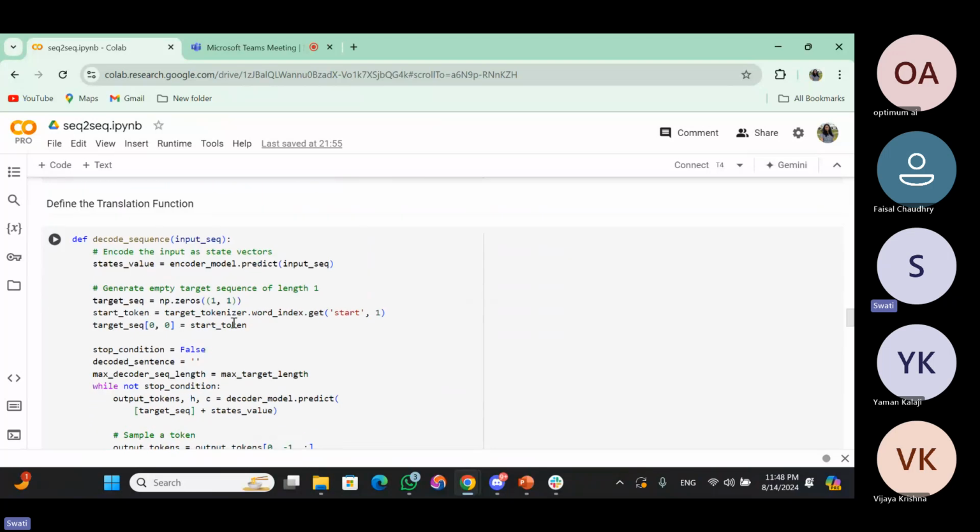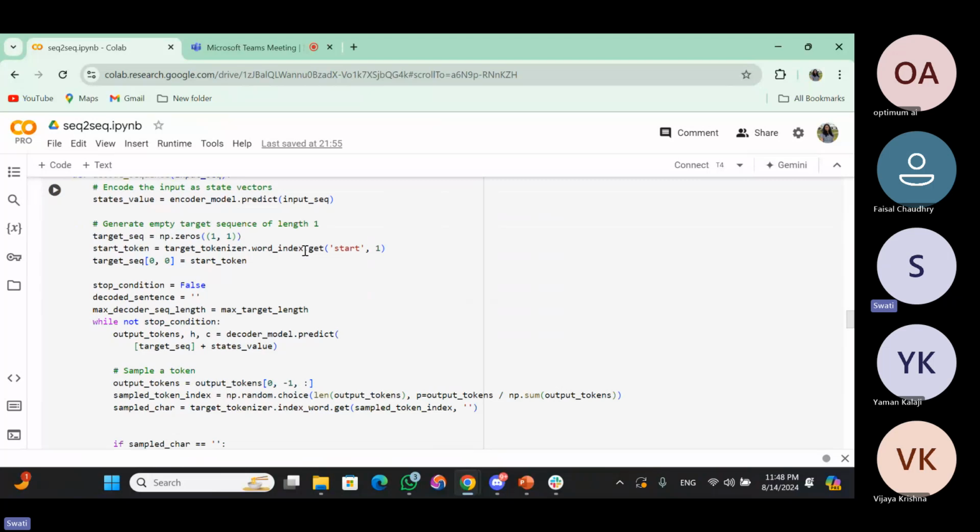So here we are defining the translation functions. First we give a start input, so the model will know that now it has to start. And this is the decoder model. We are asking the decoder model to make the prediction on the target sequence plus the state value.